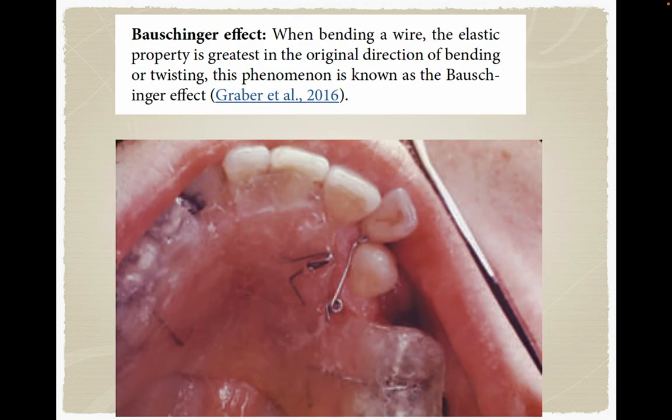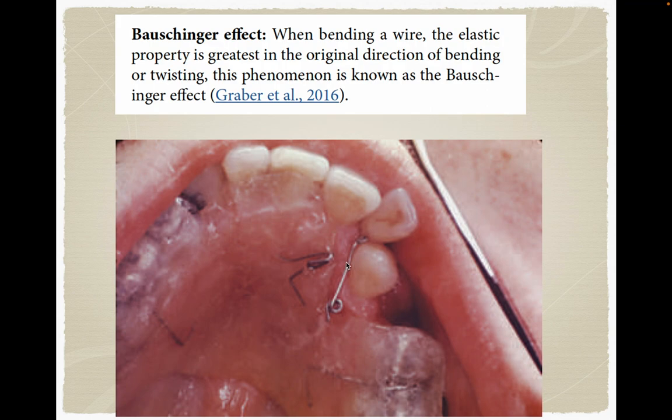Now these are a couple of effects, like the Bauschinger effect. The wire will be more flexible, or the elastic property will be greater, if the wire is used in the original direction of its bending. So basically you have the coil spring here, bent in this direction.